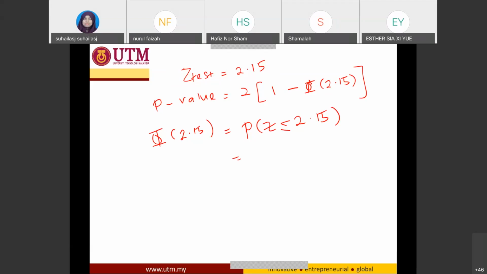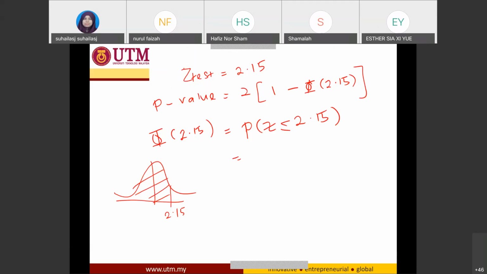If we refer to our stats table, you find 2.15 over here, and you want this area. Referring to your stats table, 2.15 is given as 0.0158.